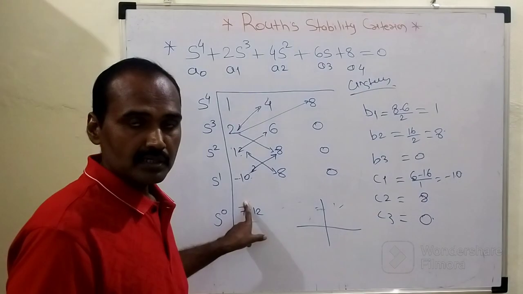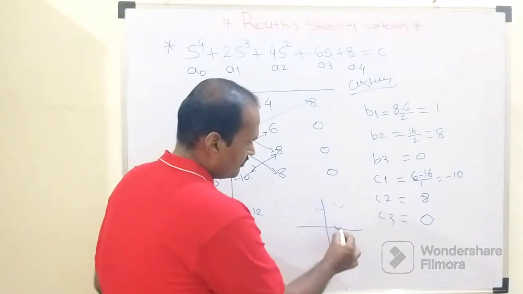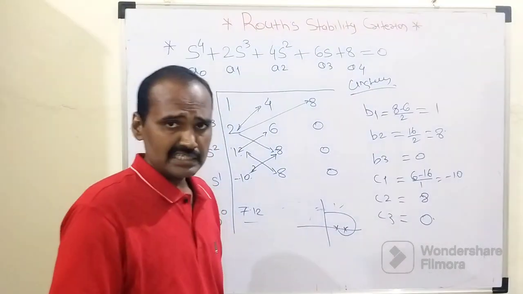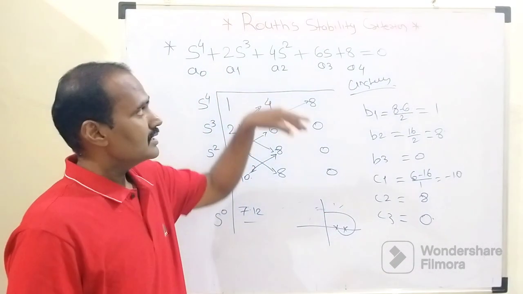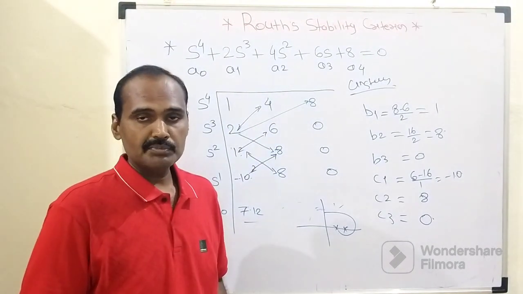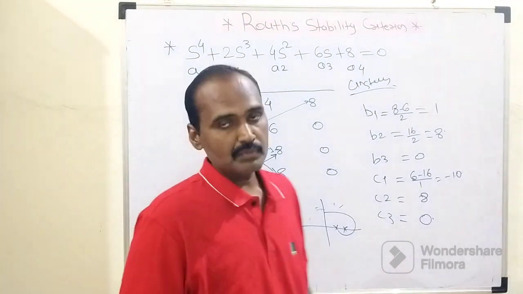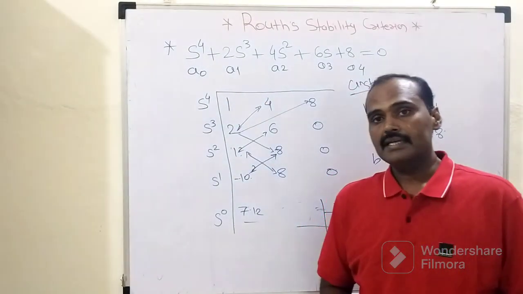As we go through the sign change 2 times, there are 2 roots present on the right-hand side of the S domain representation. Obviously that system is an unstable system. In this way, the Routh stability criteria is used to decide the overall stability of a system. I hope you have understood all these basic terms belonging to the Routh stability criteria.